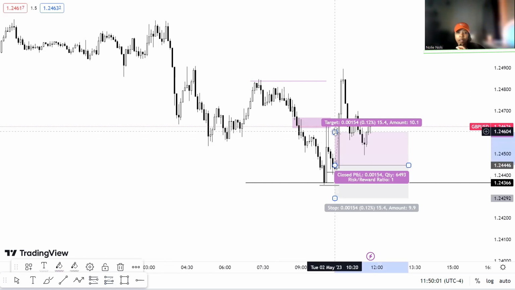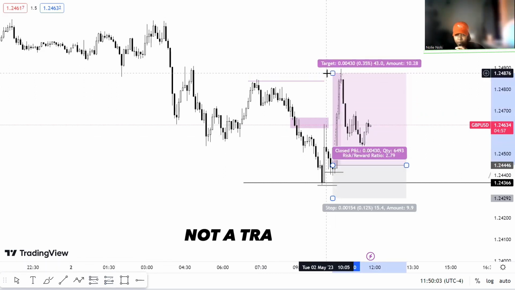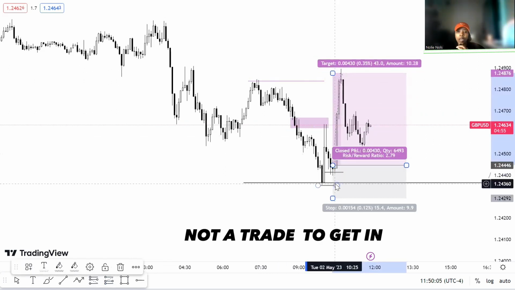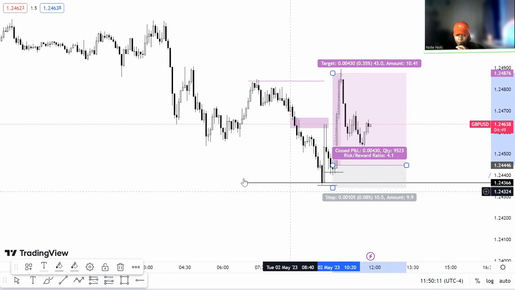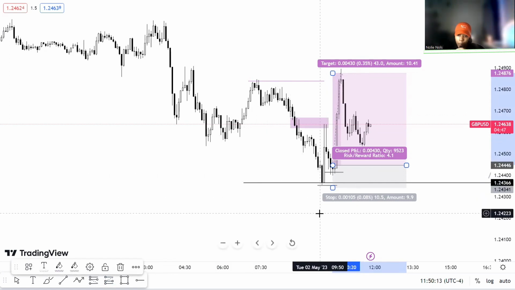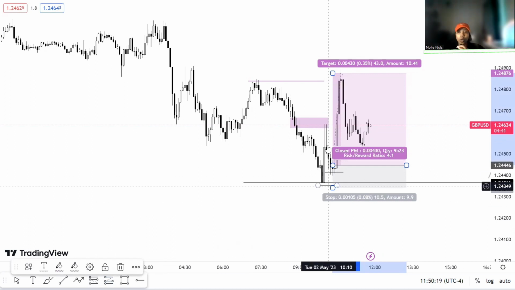But if you did not have a retracement, that is not a trade to get in, I'm telling you, because you will get taken out. That was a 10 pip stop. I only use a 10 pip or 11 pip stop. I do not use 3 pip stops or 5 pip stops. That is a bit risky. Okay, so you target the highs of that area and you will be good to go.